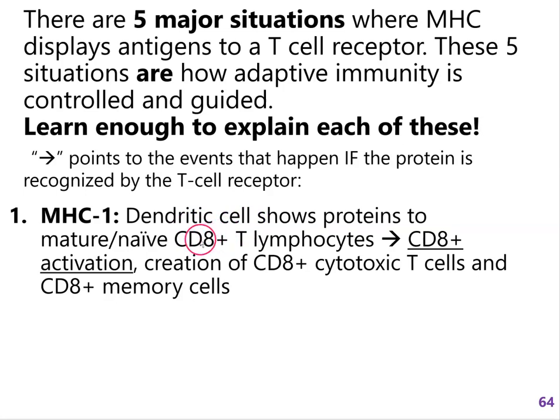So they're not limited to what I showed you on the previous slide. So this dendritic cell can show proteins using MHC1 to the mature naive CD8 positive T lymphocyte. And if it recognizes that protein, that antigen, that epitope, then it will go through activation, and its daughter cells will become cytotoxic T cells or CD8 positive memory cells. Okay, so that's the first one.